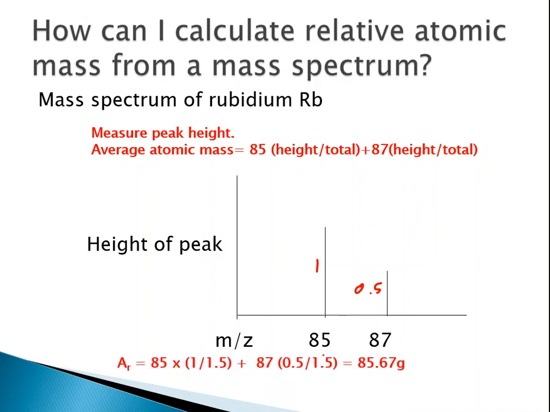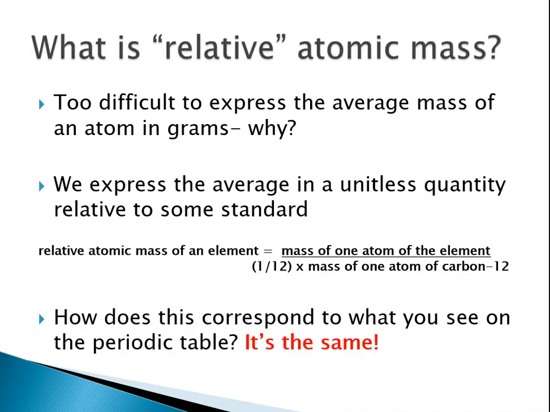When we actually plug the values into the equation, we get 85 times 1 over 1.5 plus 87 times 0.5 over 1.5, and we get 85.67. If you look at the periodic table, I've got one right here. It says that rubidium has a relative atomic mass of 85.47. So we're off by 2/100ths, but this is still pretty close.